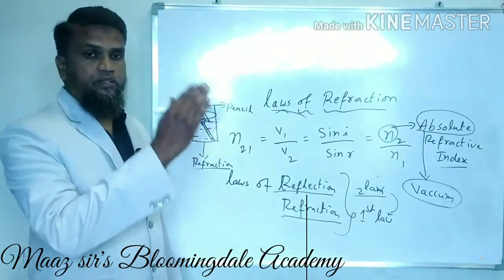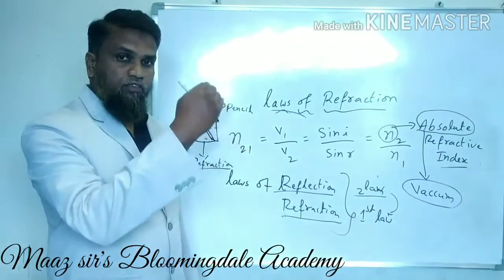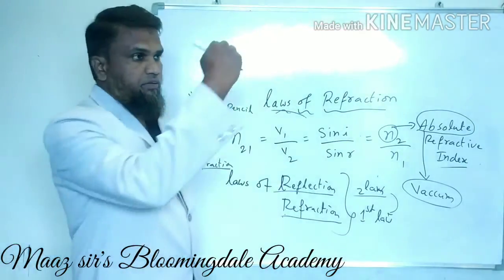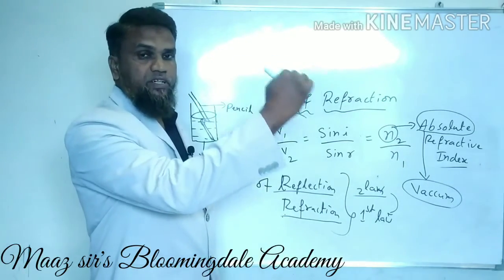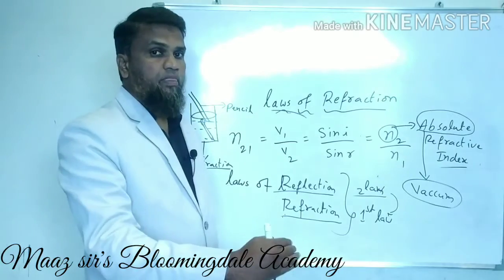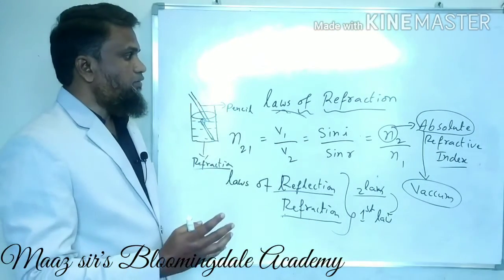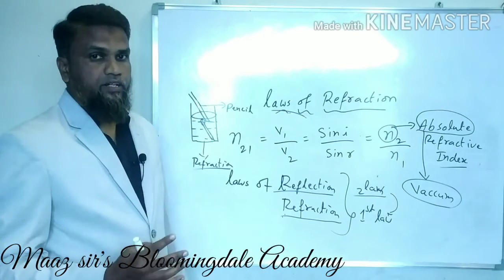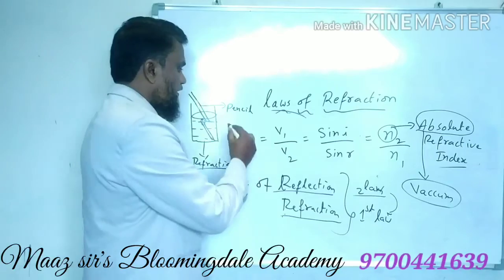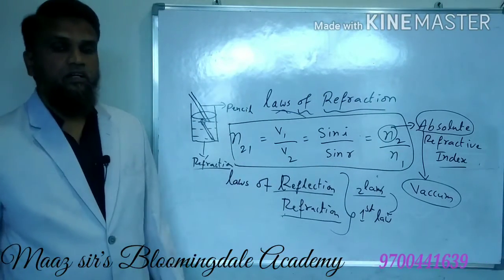Because the speed of light changes when it travels from one medium to another. In a rarer medium the speed is different, and in a denser medium the speed is different. This is the explanation of the laws of refraction. The second law is very useful for solving problems.